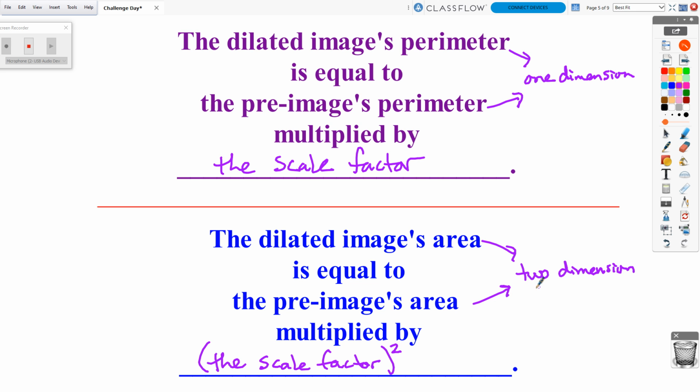So if you think about area as being two-dimensional, then that will tell you what exponent you need for your scale factor to multiply by. All right, so that's the new main idea here. You can use your old perimeter and your old area, but they don't get multiplied by exactly the same number. Perimeter, you multiply by the scale factor. But area, multiply the old area by the scale factor squared to get your new area.